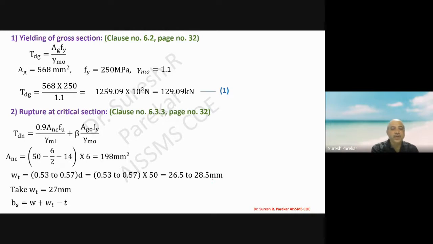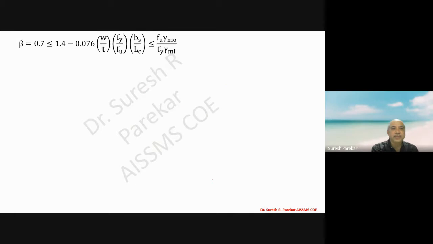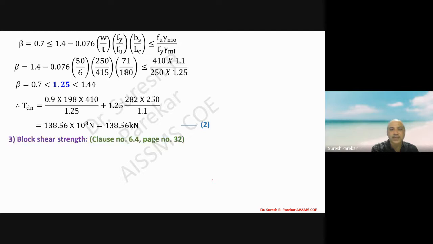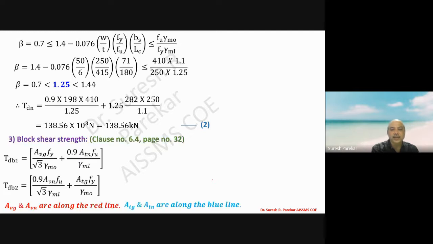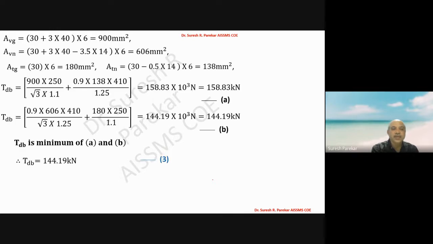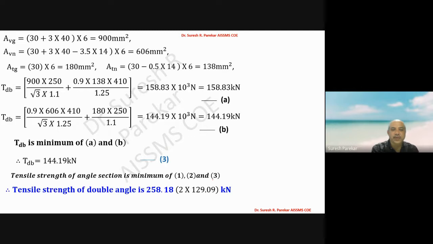Second, rupture at critical section with 1.25 beta gives us 138.56 kilonewton. Third, for AVG and AVN, we have these values, giving TDP 144.19 kilonewton, and that gives 258.18 kilonewton, greater than 80.88 kilonewton, therefore safe.